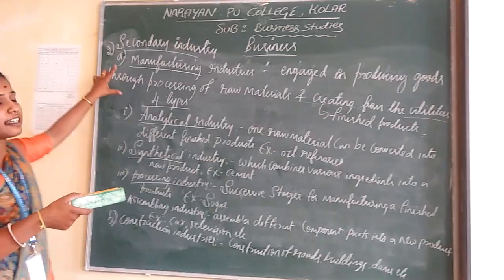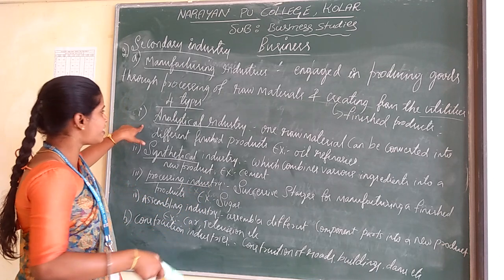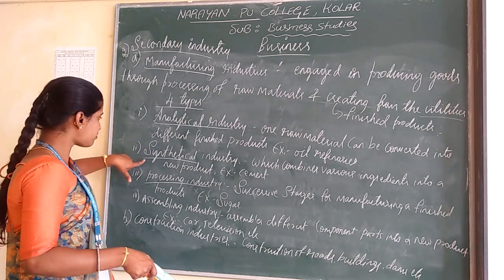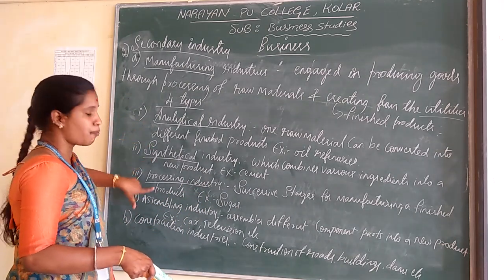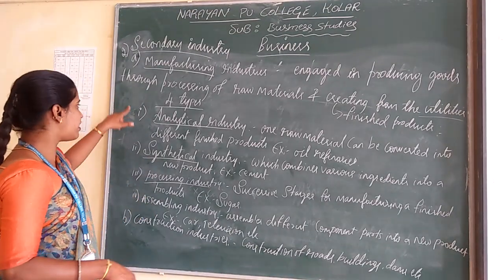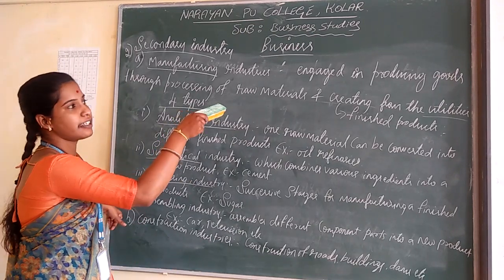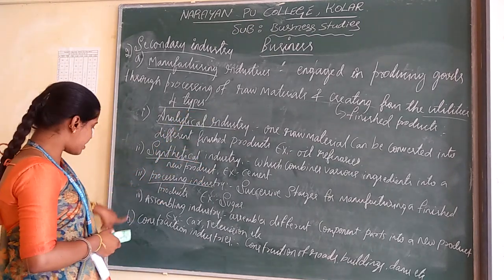They can be broadly classified into four types: analytical industry, synthetical industry, processing industry and assembling industry. They may ask a 4-mark question: explain the manufacturing industries.